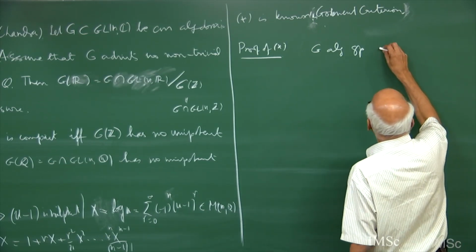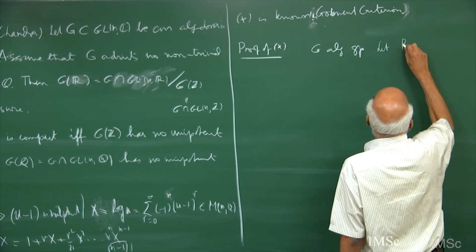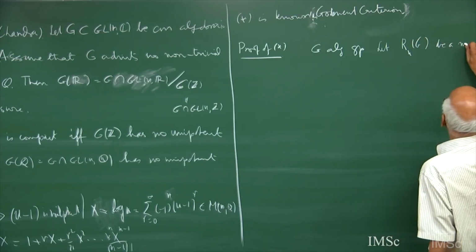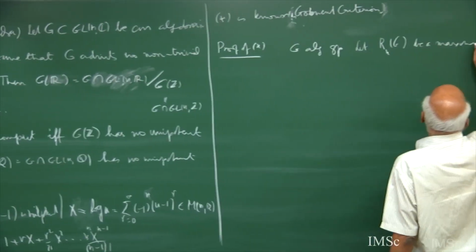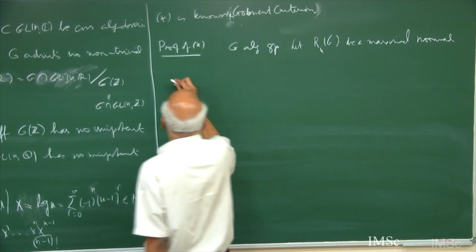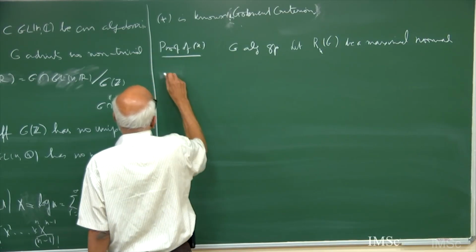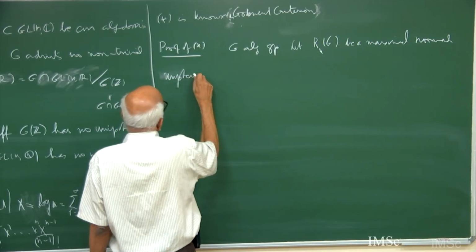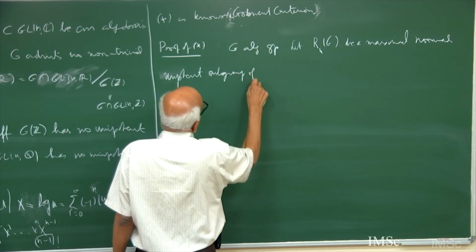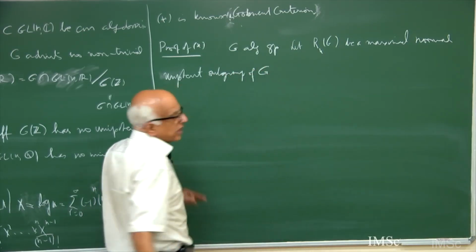Then one can always talk of R_u(G), a maximal normal nilpotent unipotent subgroup of G. Unipotent means every element is unipotent.